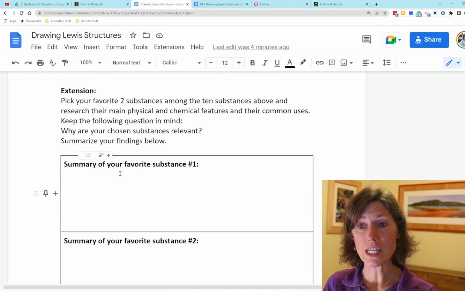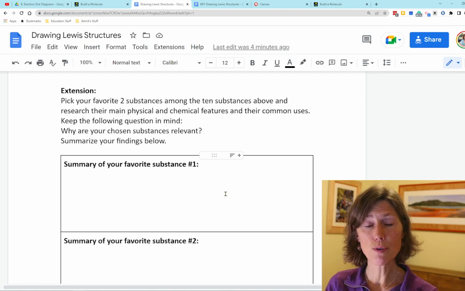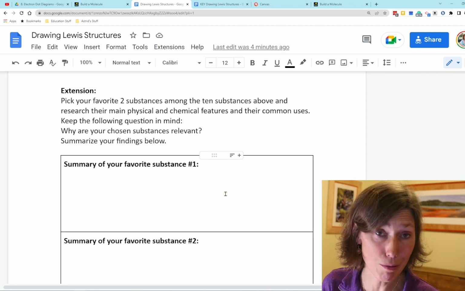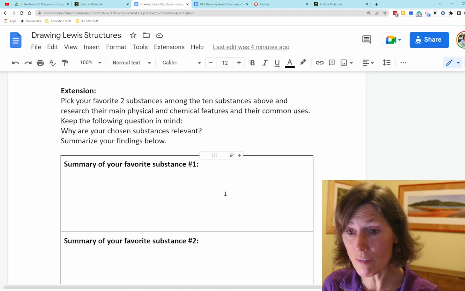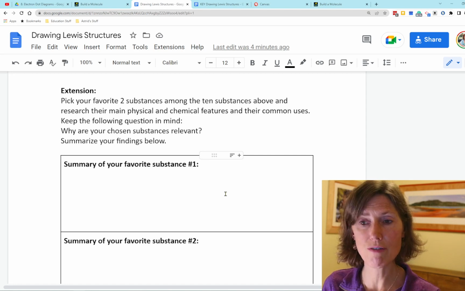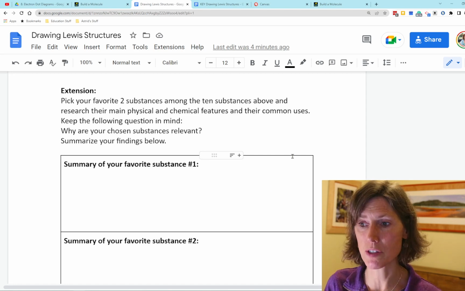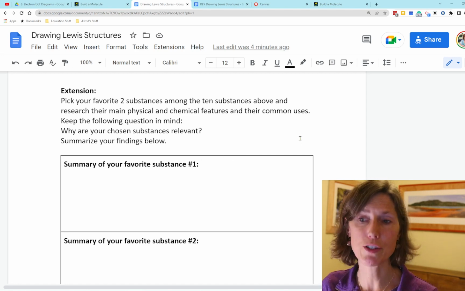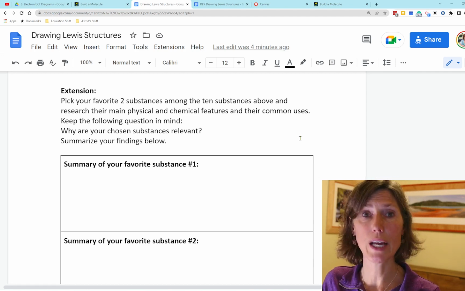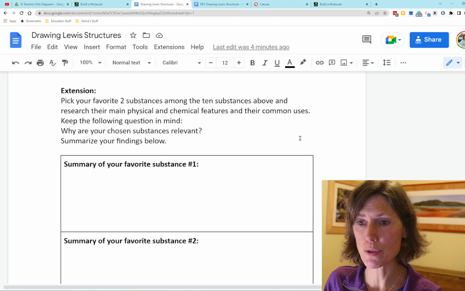And so how I end this worksheet is I basically present them with an extension. So what does the extension allow my students to do? Well, they can pick 2. You could choose whatever you want. You could have them pick 3, or you can make them do it for all of them, but let's keep it simple. Pick 2 of those favorite 10 substances and do an internet search. Check out what their key, main physical and chemical features might be and their common uses.